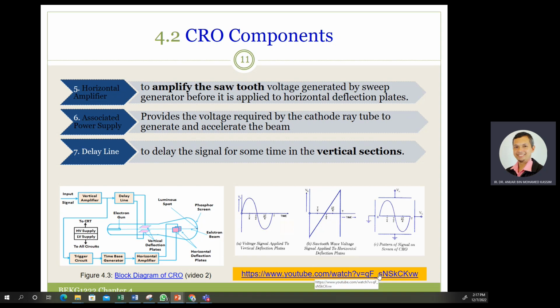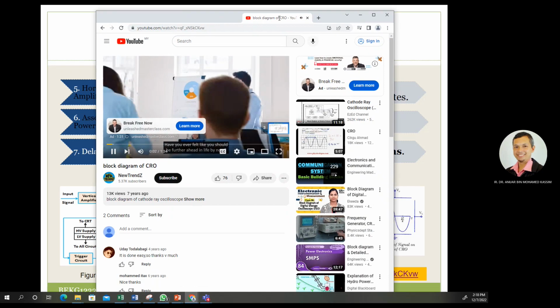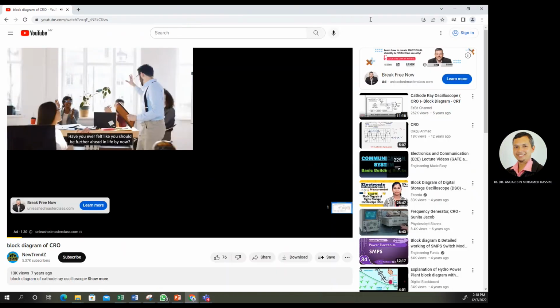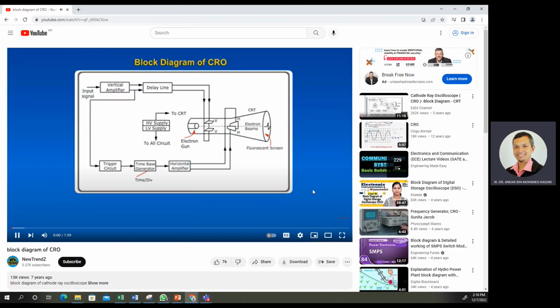Okay, let's see the YouTube here. Okay, this is the block diagram of the CRO.